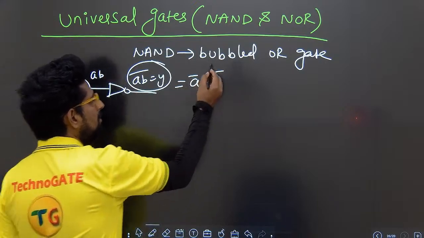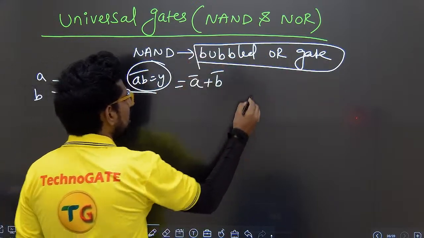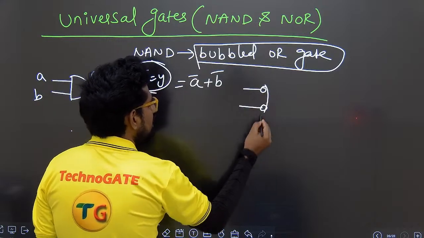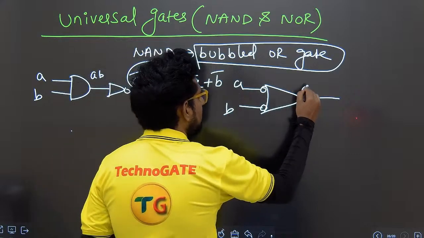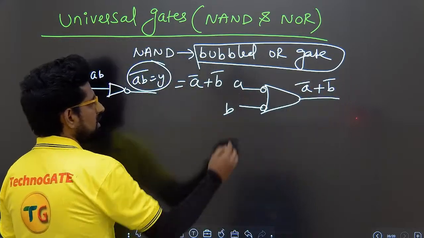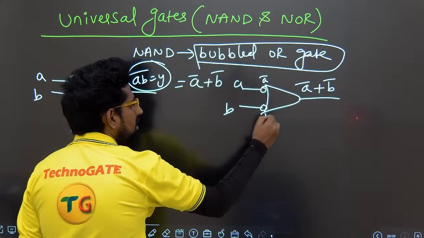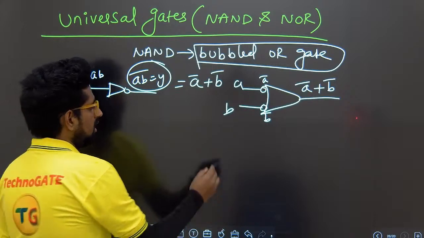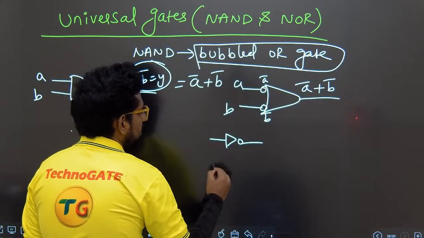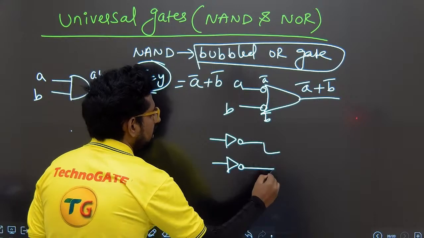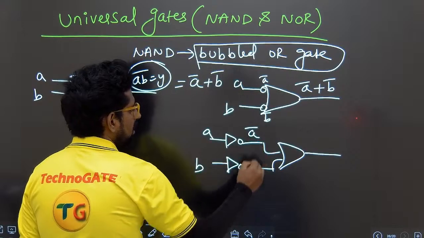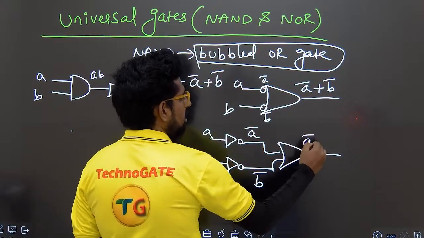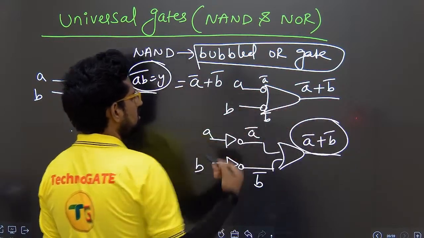That is the bubbled OR gate: you connect bubbles, inverters, to an OR gate. So this is A bar plus B bar. Up to here A bar, up to here B bar. Or else just take the inverters first, then connect these two inverters to an OR gate: A, B, A bar, B bar, A bar plus B bar.